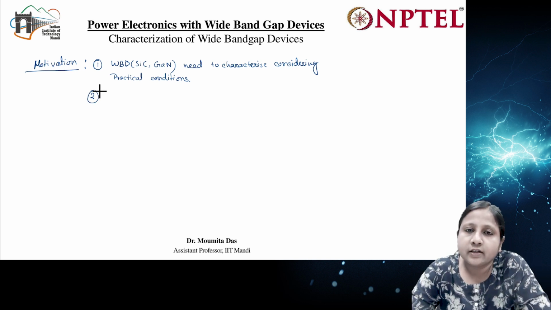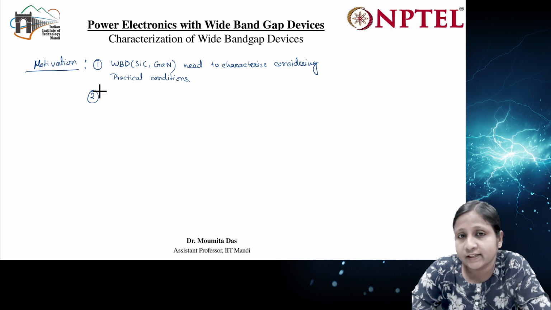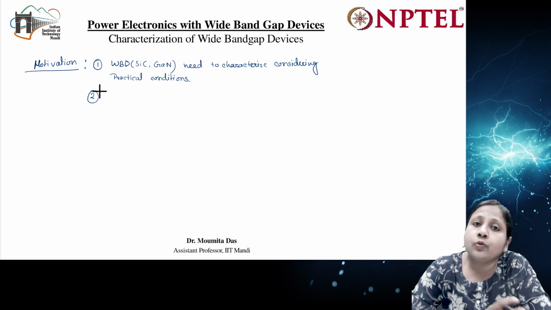Second is that the datasheet is incomplete and not all the information is given with respect to different electrical conditions. The conditions which they have considered for the characterization in the datasheet may not be the same conditions for which you need different parameters.